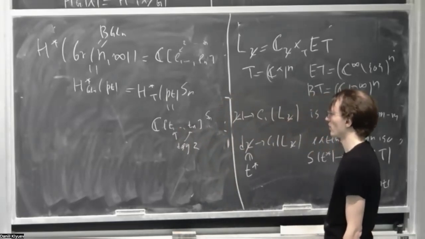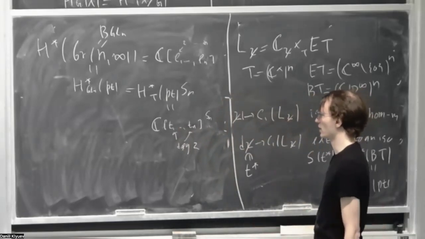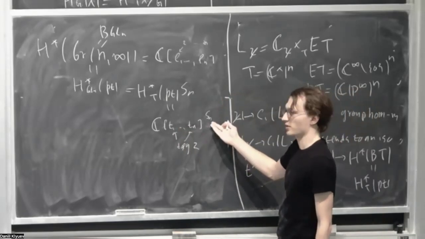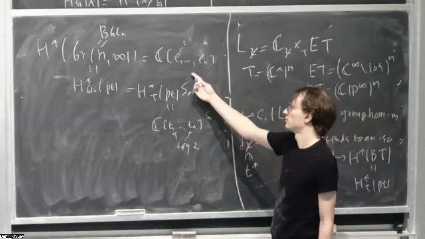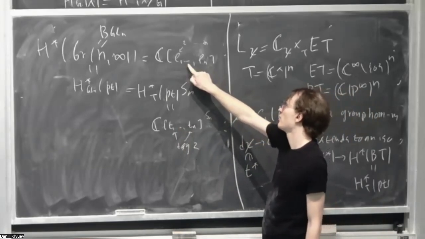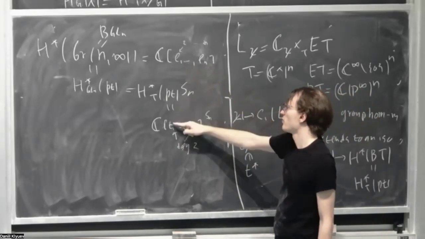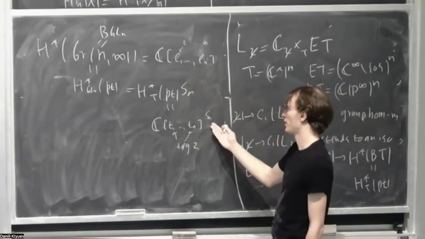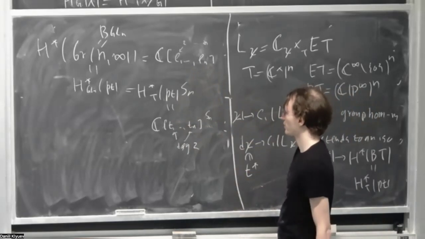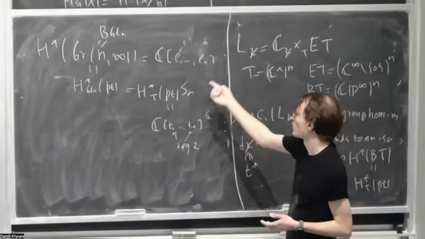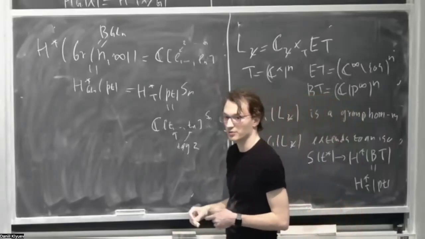And well, this is true. If you take a polynomial ring and take the symmetric invariants, then the elementary polynomials in T_1, ..., T_n give you free generators of the ring of invariants. Any questions?